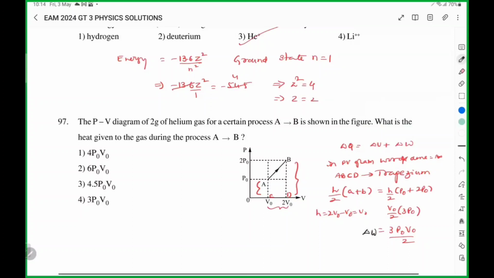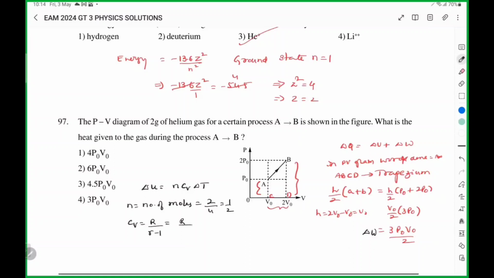What else we have to find out is increase in its internal energy, which is n CV delta T. So n is the number of moles, which is 2 grams of helium. CV here is R by gamma minus 1.